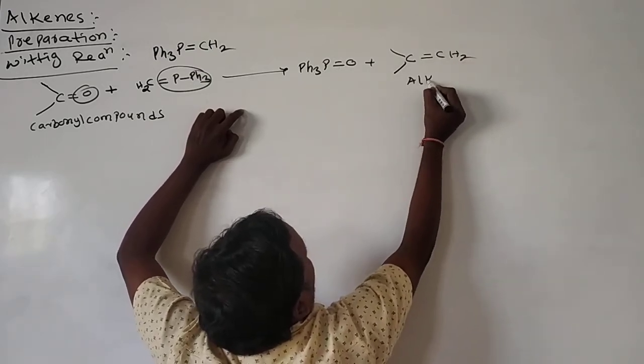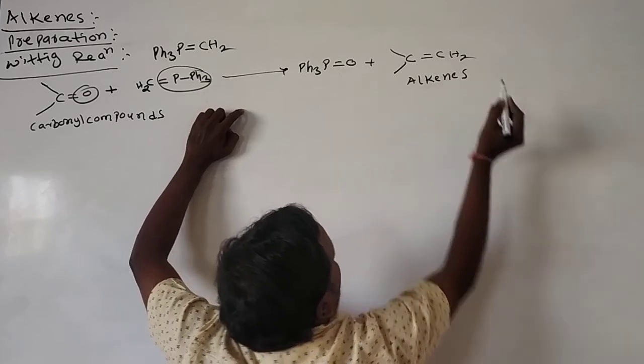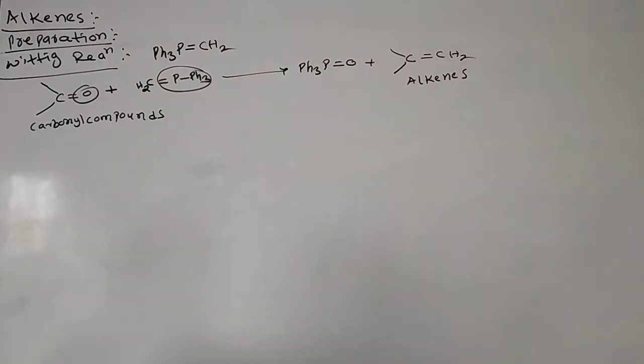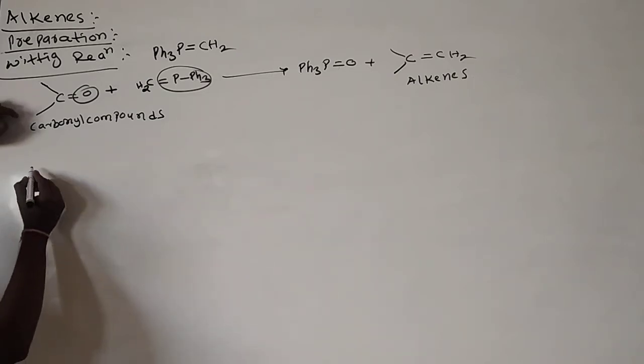That means alkenes are formed. This is called the Wittig reaction.